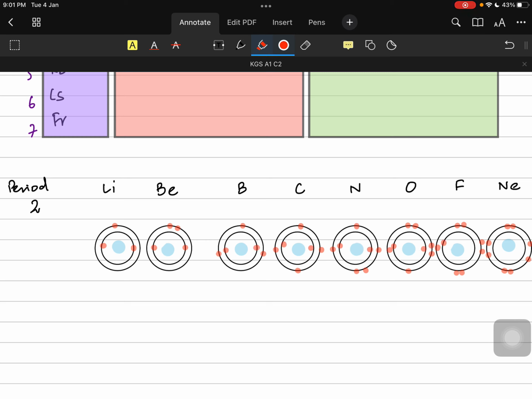Generally, group numbers 1, 2 and 3 lose electrons and become positively charged, so that they can have a stable configuration.